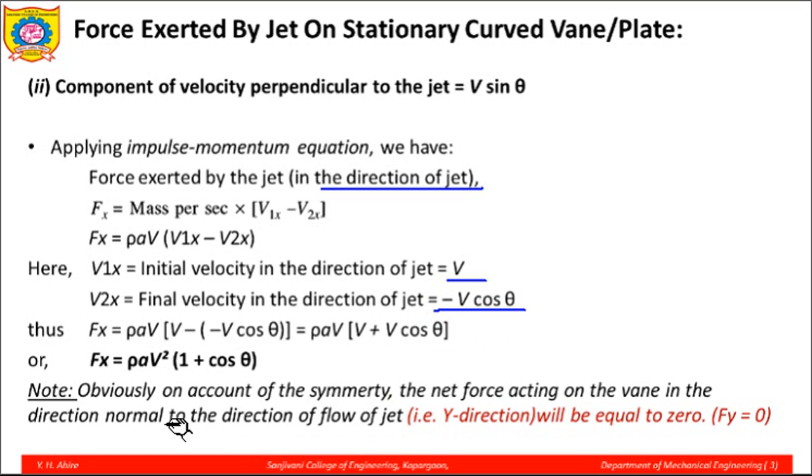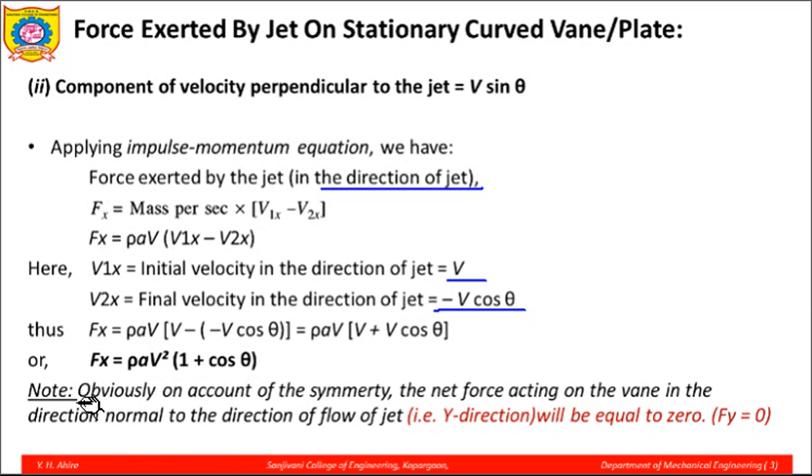Thus Fx is equal to rho A V into, substituting this, V minus (minus v cos theta), that becomes rho A V into bracket (V plus V cos theta). So finally we get the equation Fx is equal to rho A V square (1 plus cos theta). V is taken constant outside the bracket.